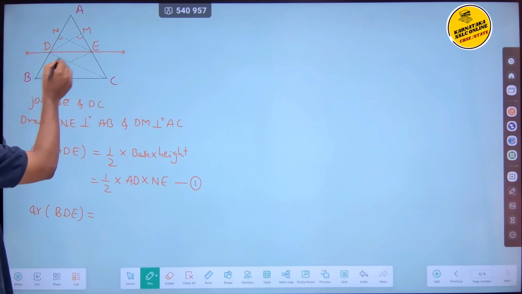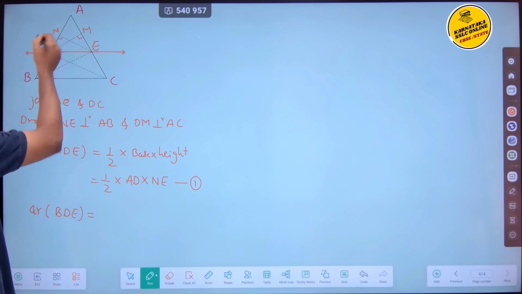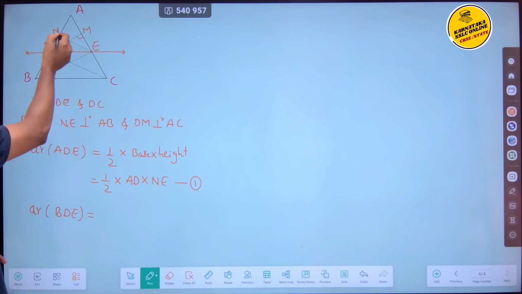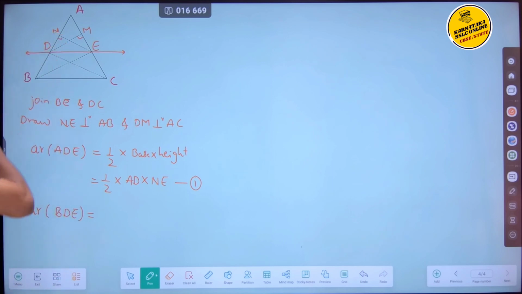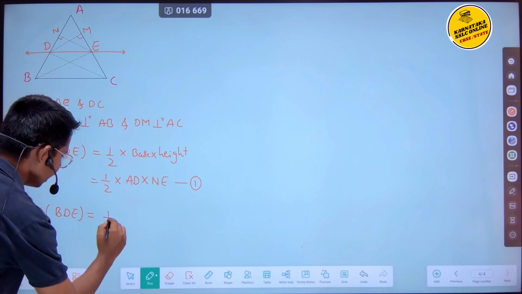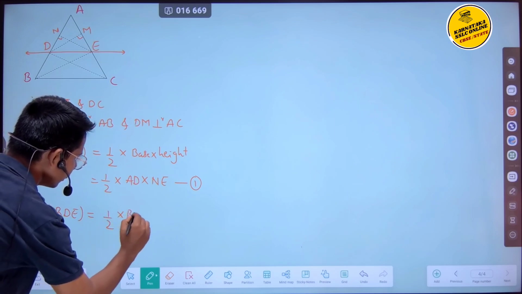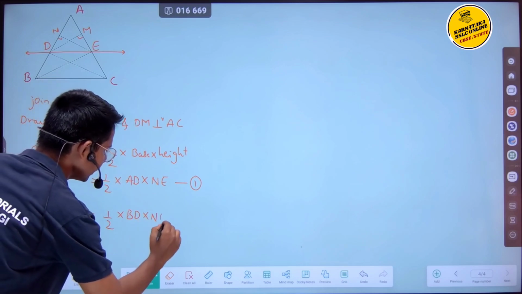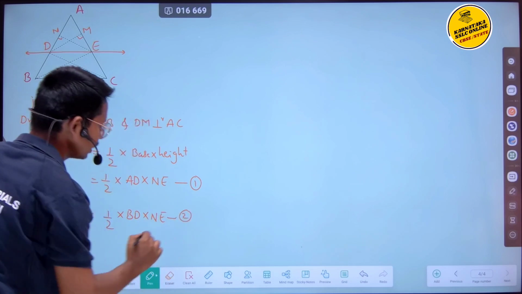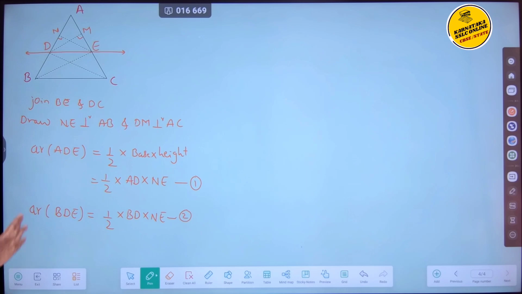So for BDE the height is actually outside of the triangle. It means height is again NE, and base is going to be BD, because on the extended length of BD we are finding the height. So I'll write half into BD as base, height as again NE. Correct? Am I right? Call this equation 2.